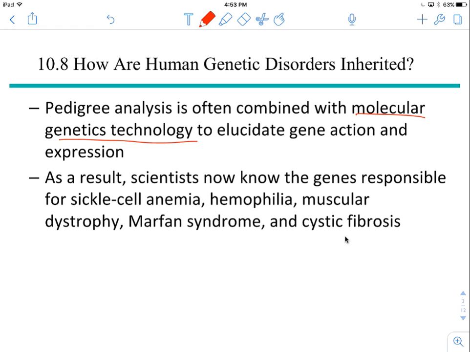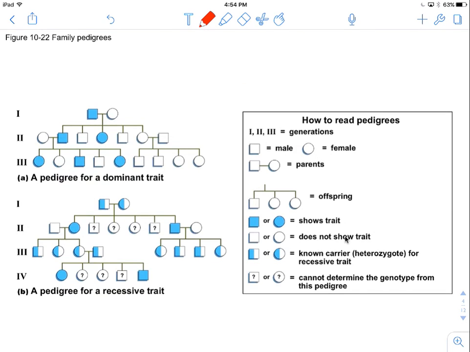From these studies, we have discovered the genes for sickle cell anemia, hemophilia, muscular dystrophy, Marfan's, the swimmer Michael Phelps has Marfan's, cystic fibrosis, and a lot of other genetic disorders.